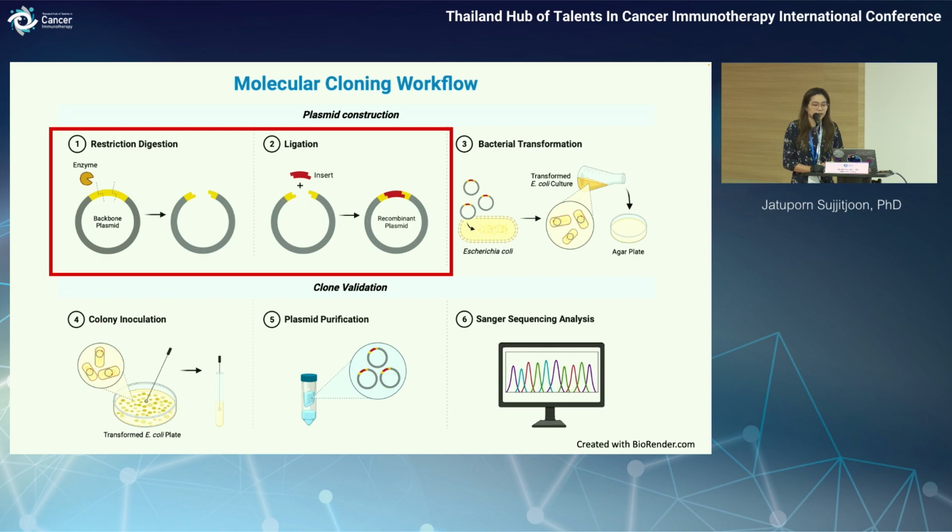After creating the recombinant plasmid, the plasmid will be transformed into E. coli bacteria. After that, the transformed colony will be isolated. And after the plasmid is purified, the DNA sequence is confirmed by DNA sequencing.